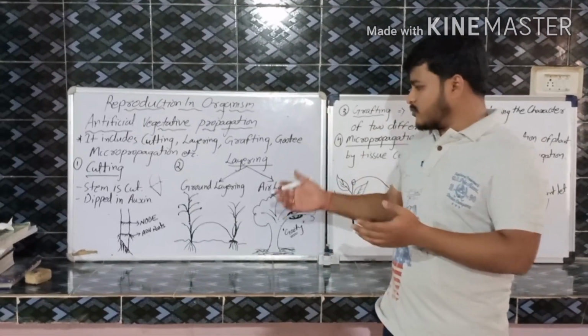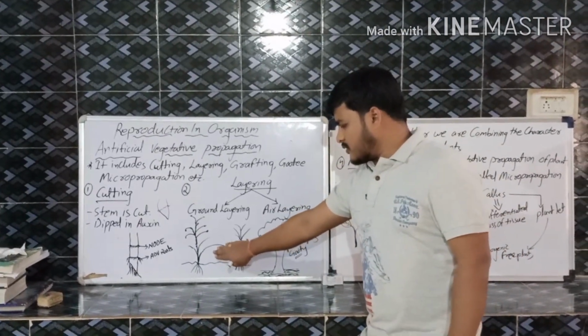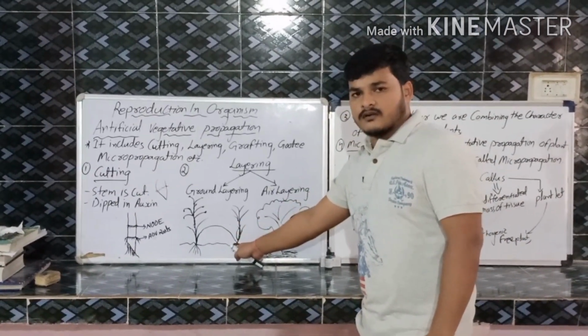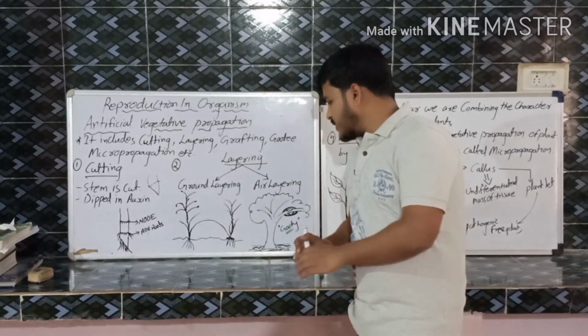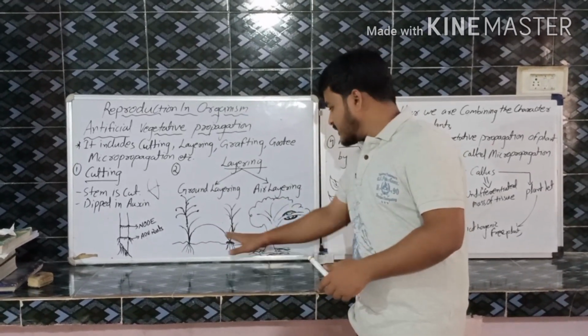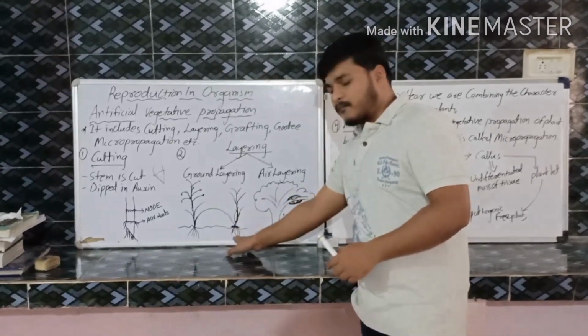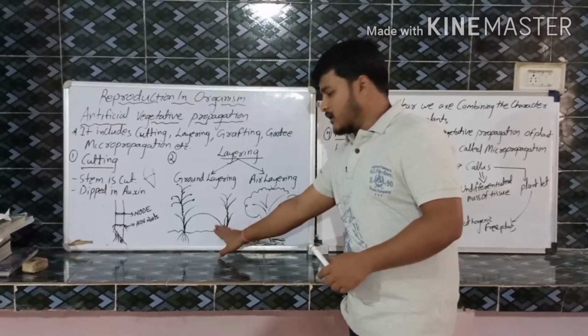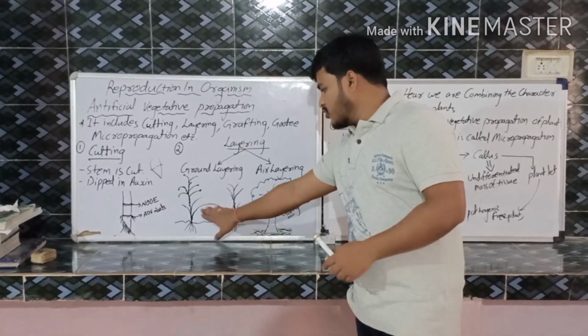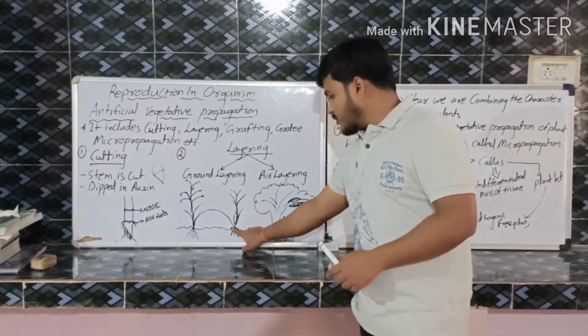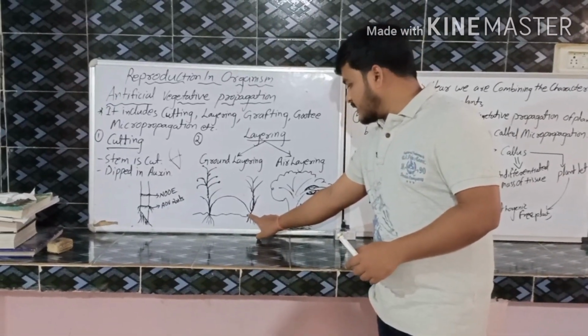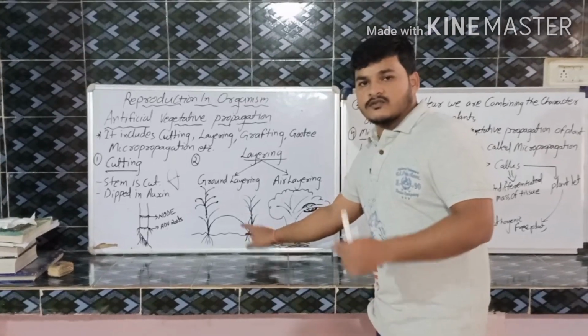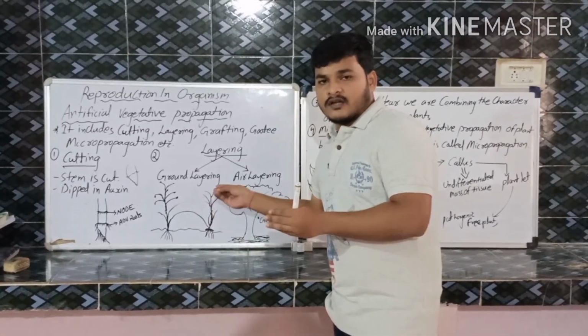In this process we bend the branch of the jasmine plant, and the precaution is that the whole plant is not used in the layering process. We just bend it, and it is important that the node part is deep in soil.